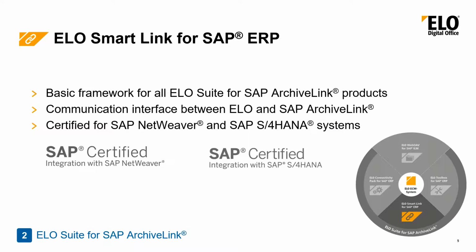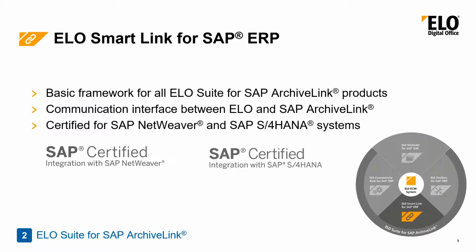Okay, so first of all, I would like to tell you something about the Smart Link for SAP ERP. This is the basic framework in the ELO suite for all SAP Archive Link products. It basically acts as a communication interface between ELO and SAP Archive Link. So it's above the basic components.